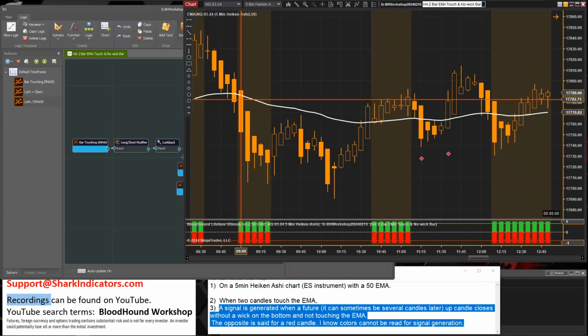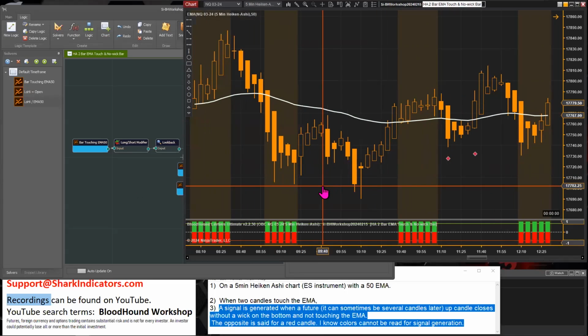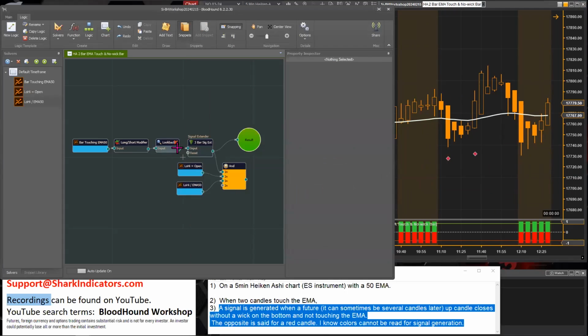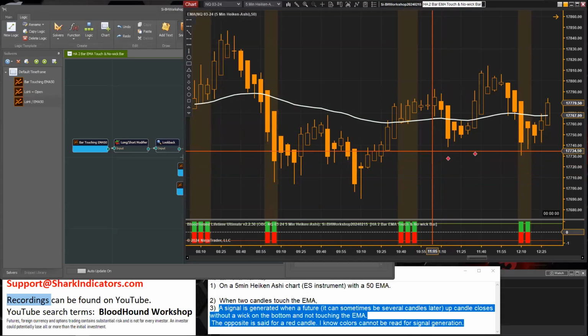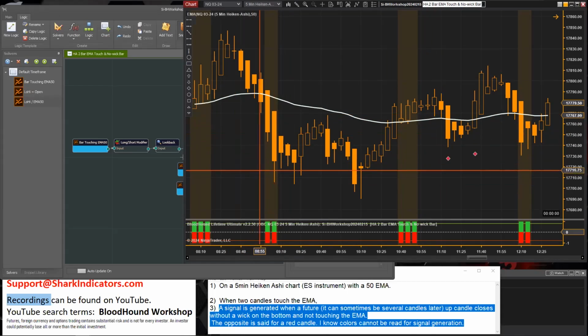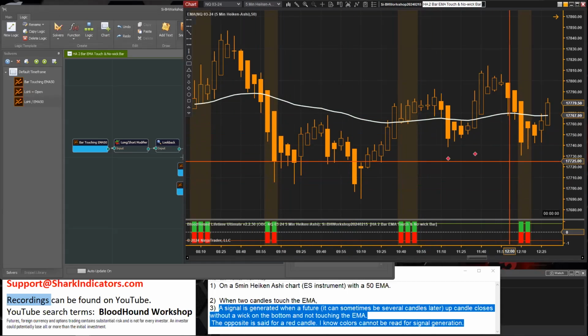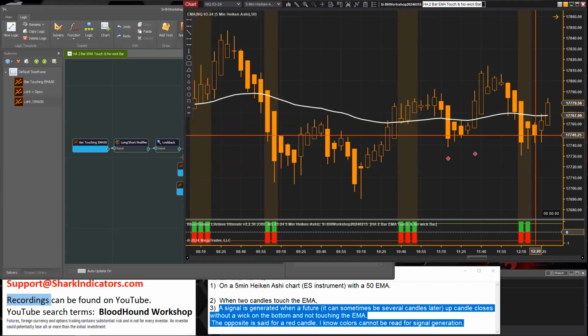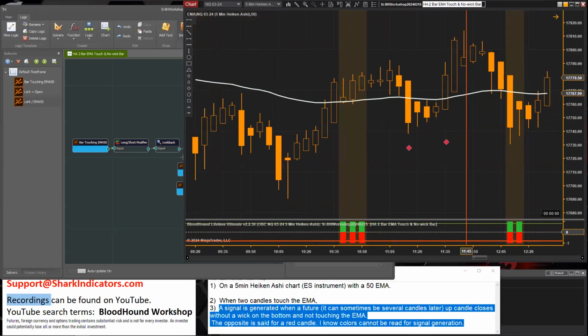Let's see, so we got one. All right, so we're actually going to need to better filter the signals going into the signal extender. And okay, I can use this as my example here.